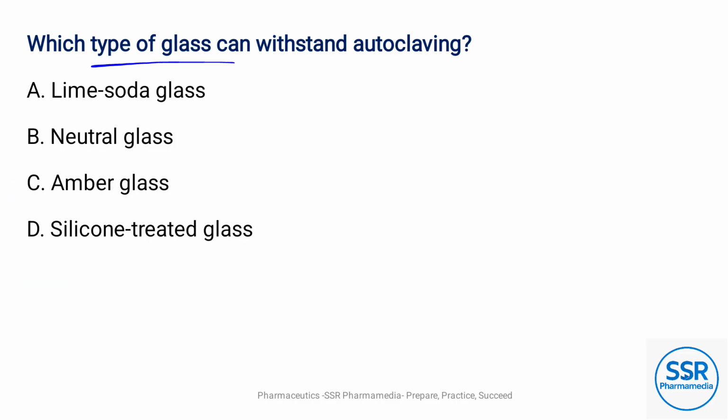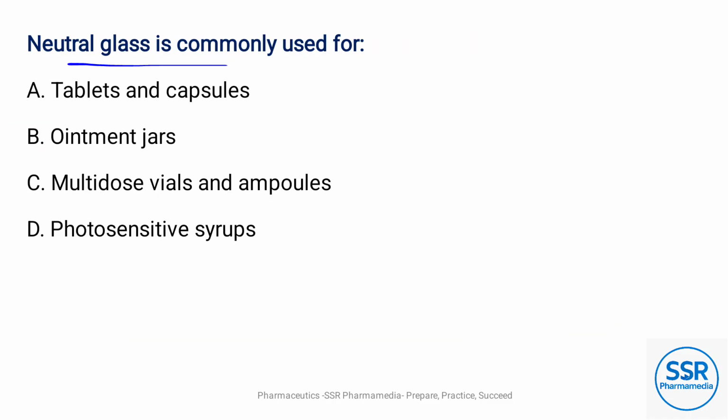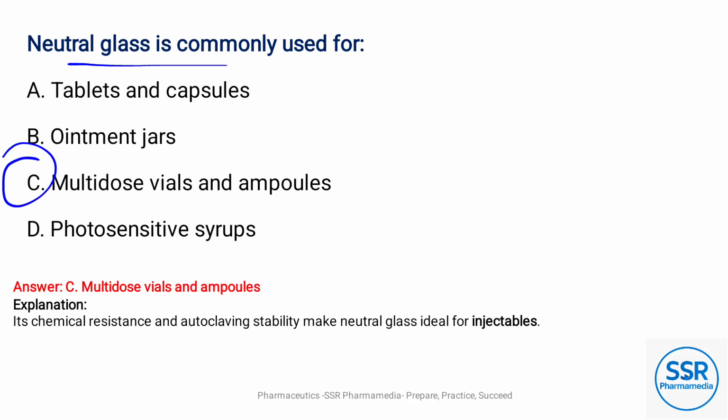Which type of glass can withstand autoclaving? Option B, neutral glass. Neutral glass has high resistance to alkalis and weathering and can tolerate steam sterilization. Neutral glass is commonly used for, option C, multi-dose vials and ampoules.